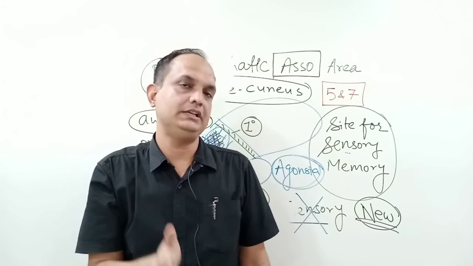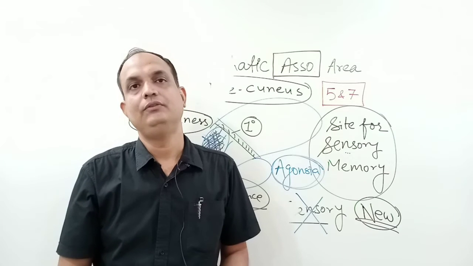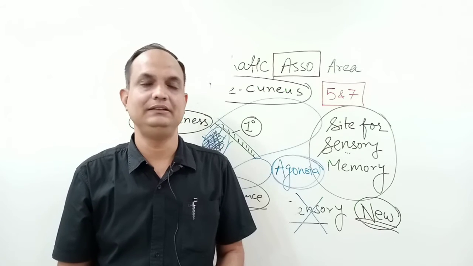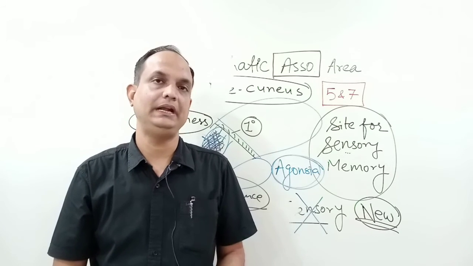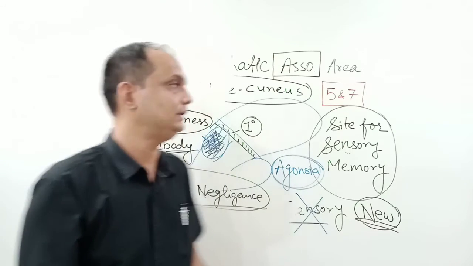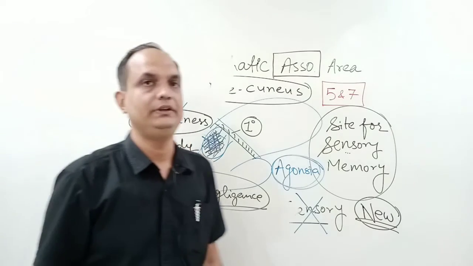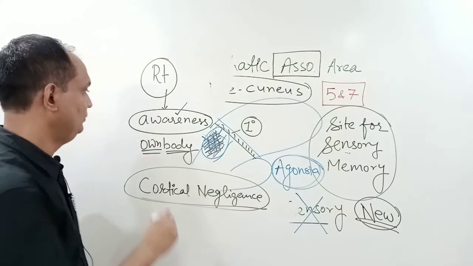So the awareness for the opposite half is lost, and it is seen when there is an extensive lesion in the right parietal lobe. That is the important function of the right lobe: it is responsible for an individual's awareness of his own body.